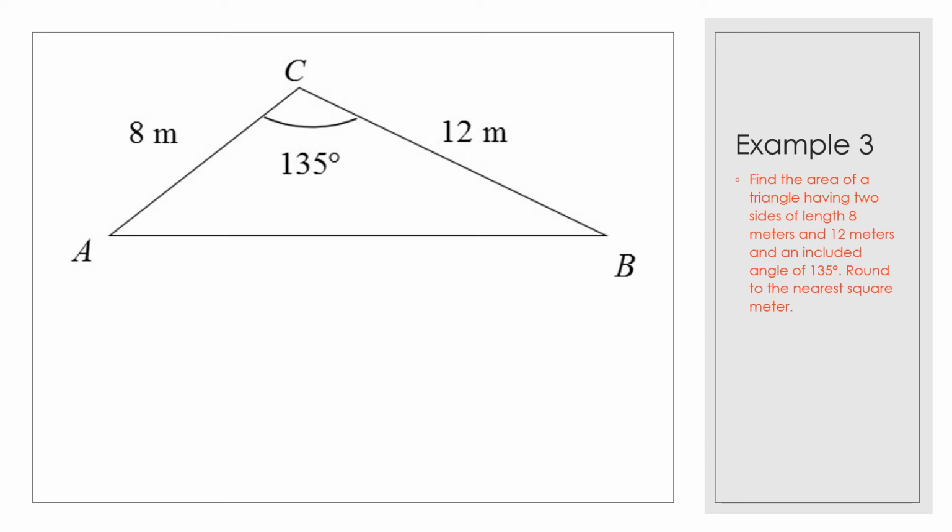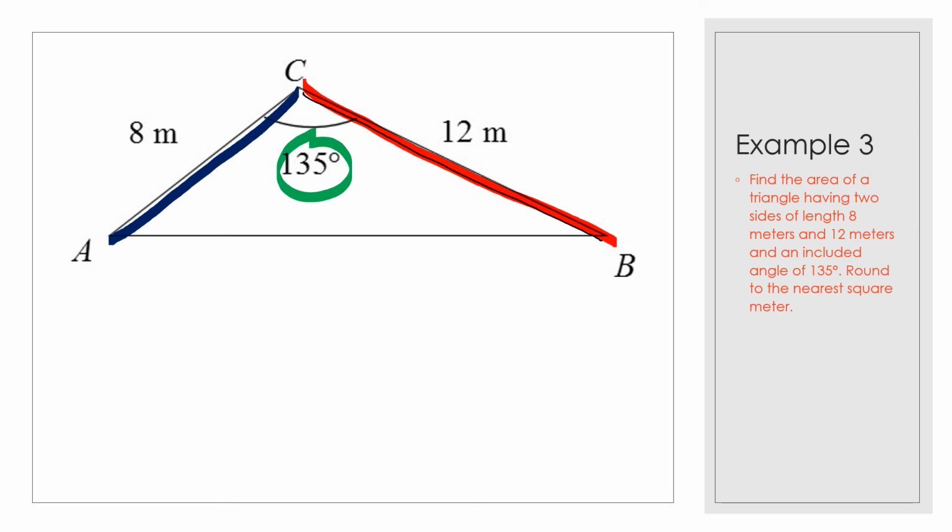So let's look at our triangle. What do we have? We have small b as 8, and we have small a as 12, and we have the included angle as 135.